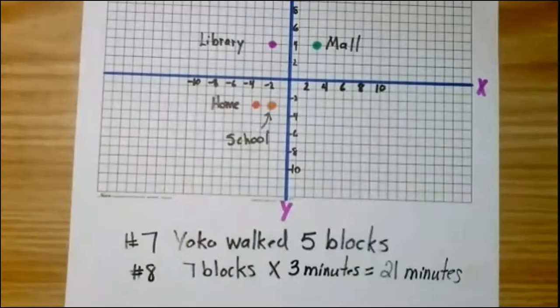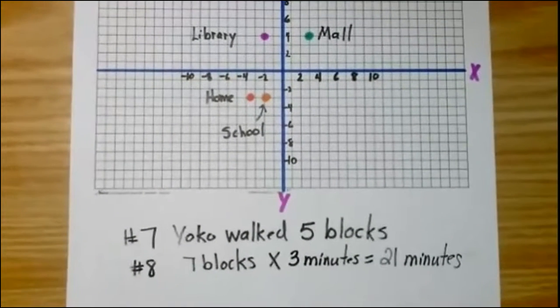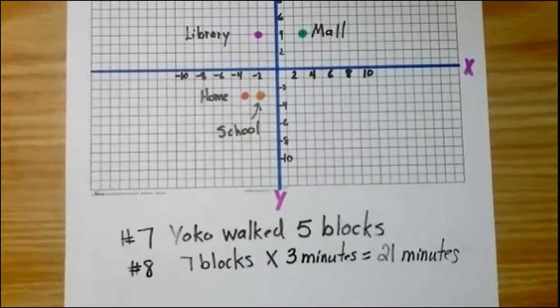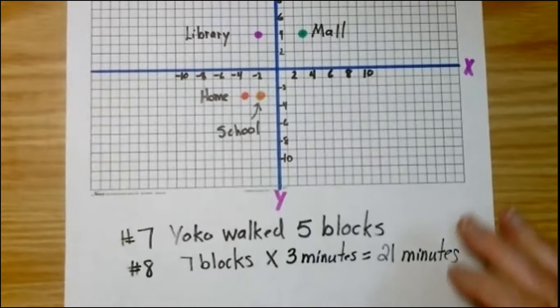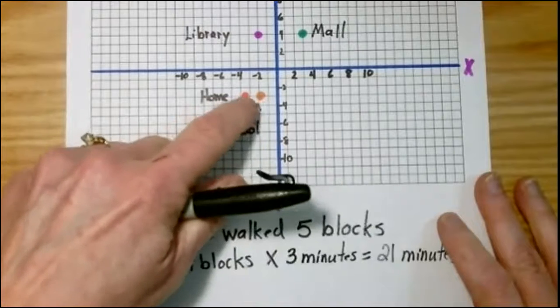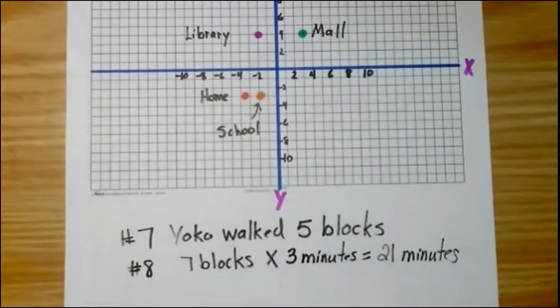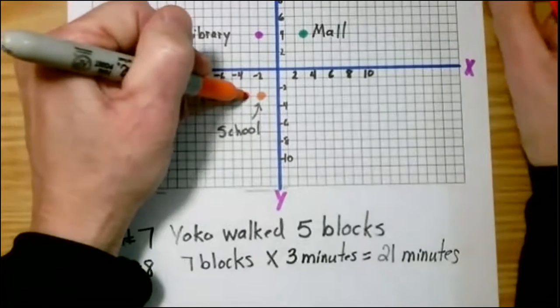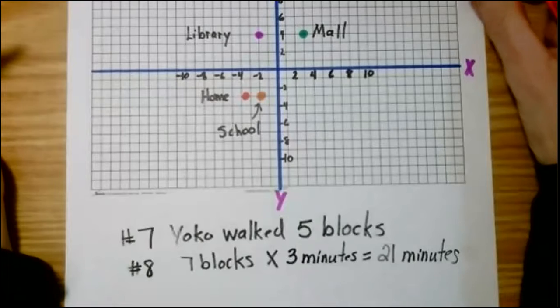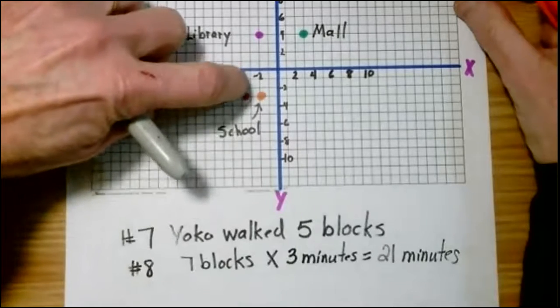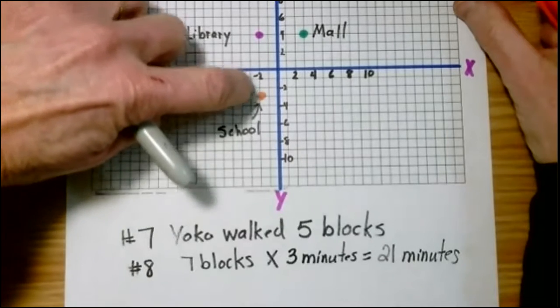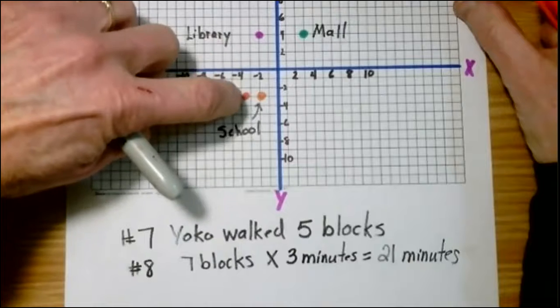That's the first question. The second question says, how long does it take her to walk from home to school? This distance. Well, this one's a little tricky. I tried to draw this correctly. This point is not on a line, it's between lines. We know what this line is, right? This is -3, and this line is -4.